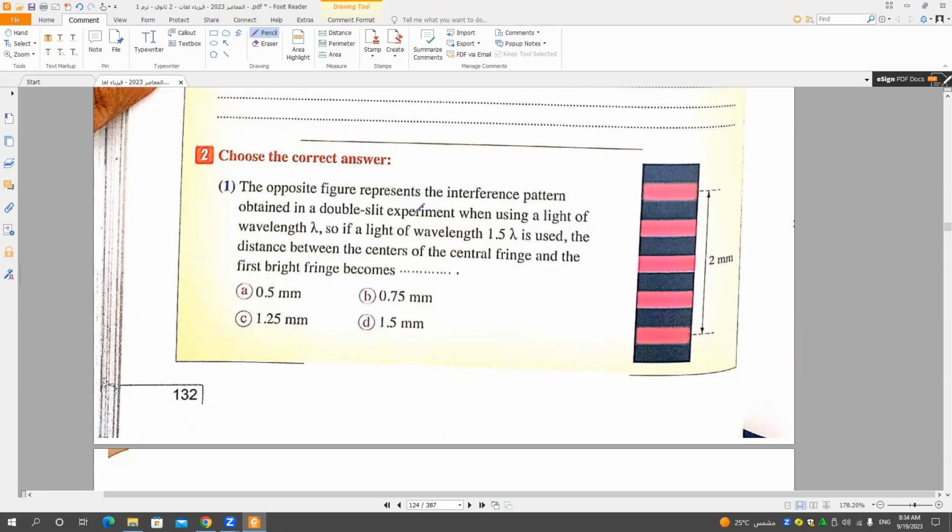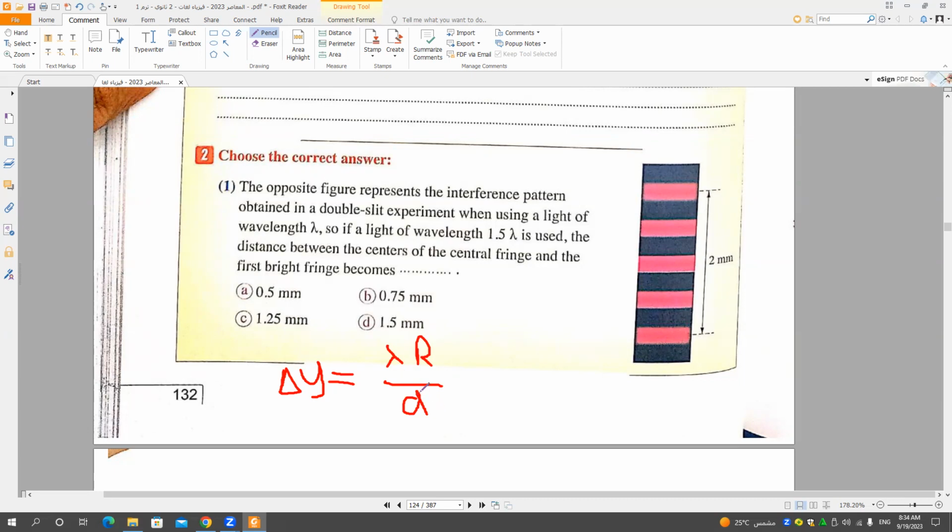From the center, delta y will change by what? In the same conditions, delta y equals lambda r over d. This is the first case.